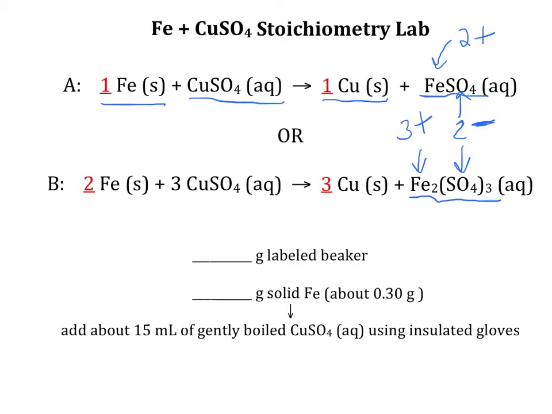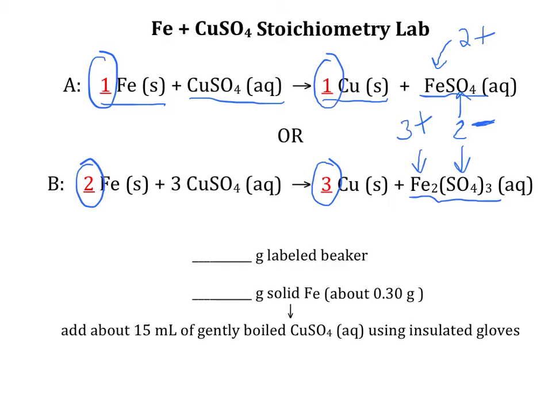So if you balance the two equations, you'll notice that in the top reaction, the mole ratio of copper to iron is 1:1. In the bottom reaction, once it's balanced, the mole ratio of copper divided by moles of iron is 3:2, or 1.5. So basically, it's actually very simple.